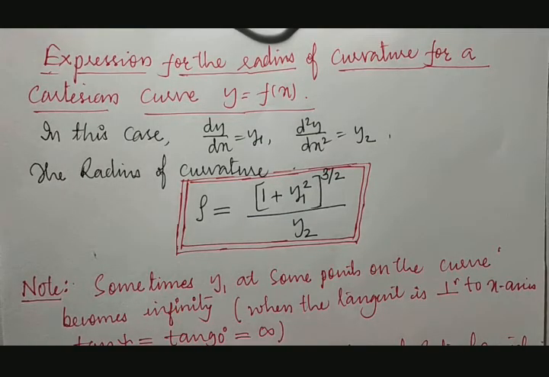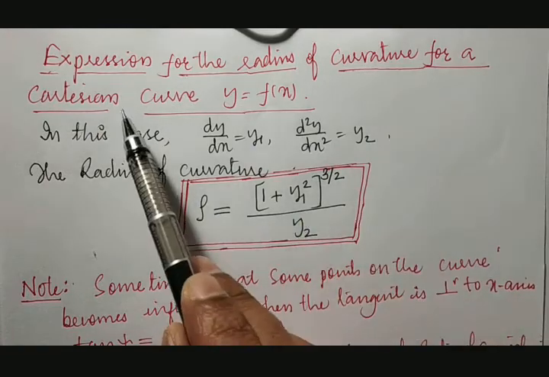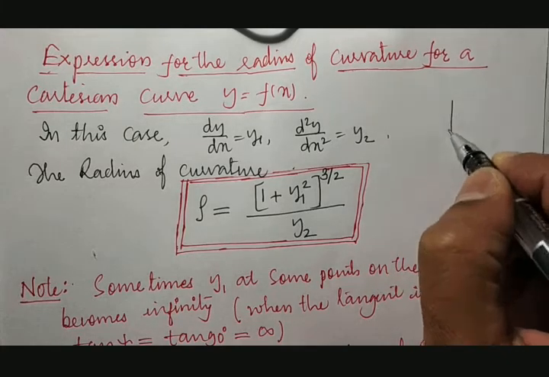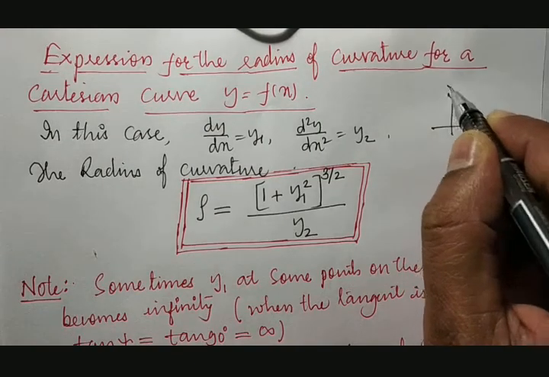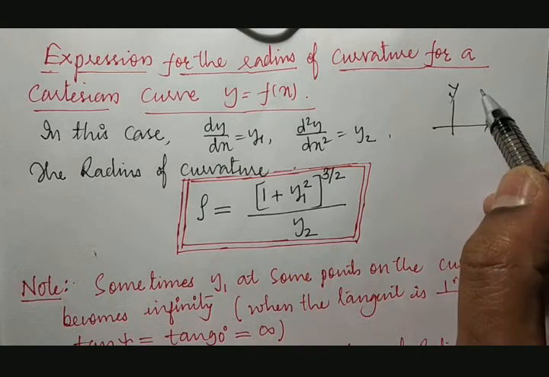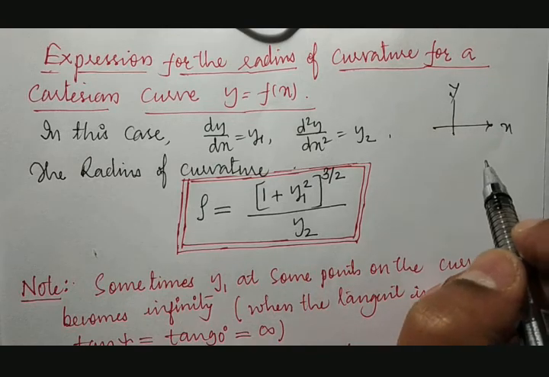Then we continue with the radius of curvature for the Cartesian form y is equal to f of x. To calculate radius of curvature, what is required? Radius of curvature is denoted by rho, that we know. In Cartesian form, automatically x-axis and y-axis will come. So, when the tangent comes, it comes as dy by dx, the slope of the tangent.